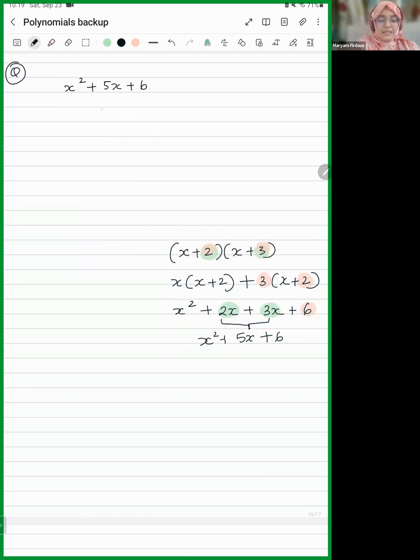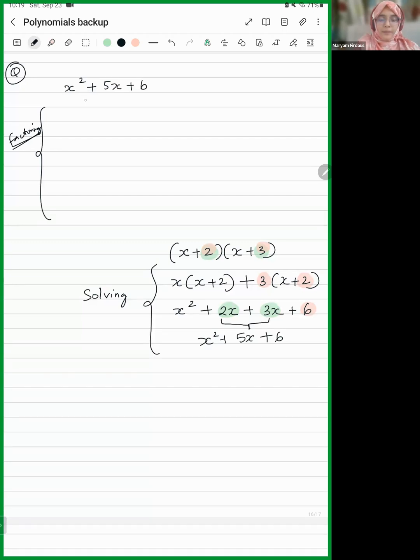When we factorize, it will become one bracket into another bracket. The process we have done, opening the brackets, is called simplification, or solving. What we are going to do now is factorizing. These are both opposites of each other.